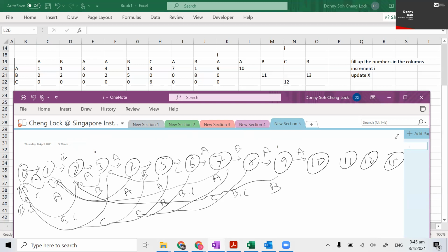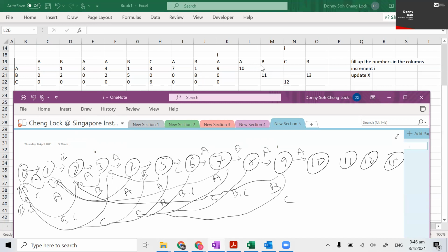If state 3 sees a C, it will go to 0. Because X will go to 0 at C. X will go to 2 at B. Okay, handwriting needs to be improved.